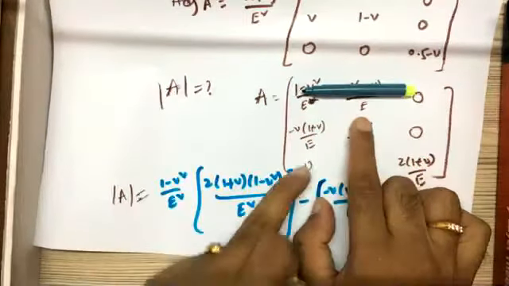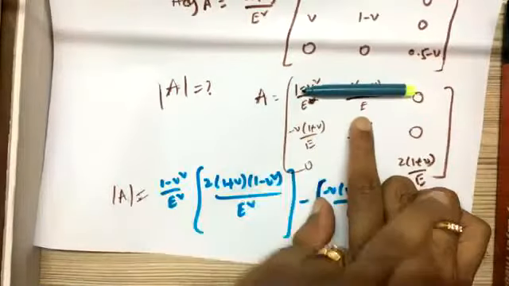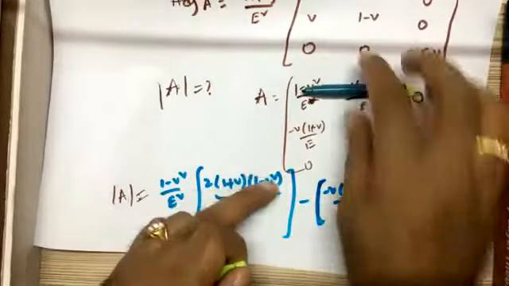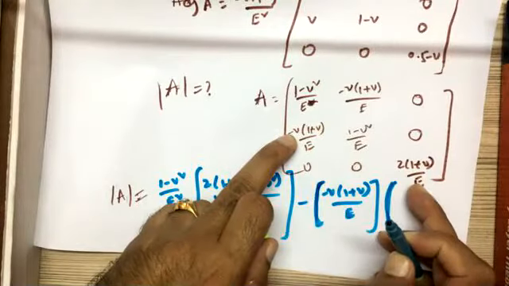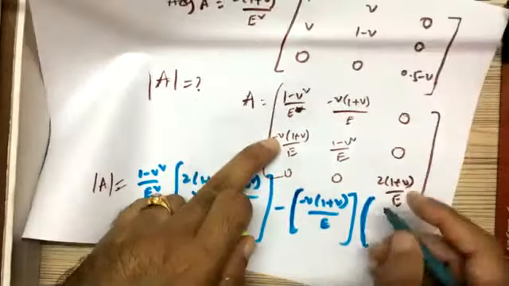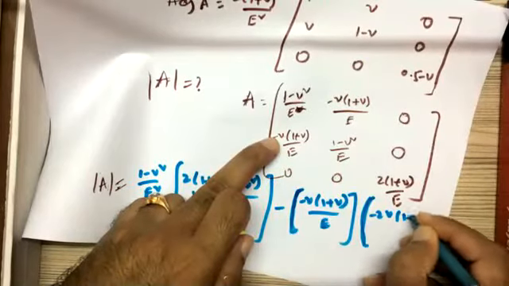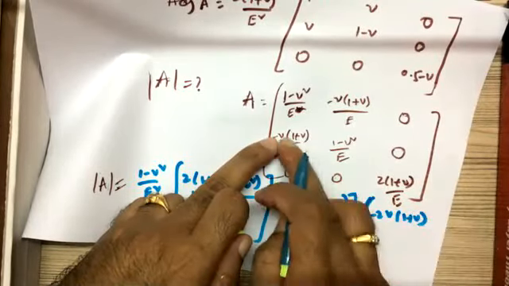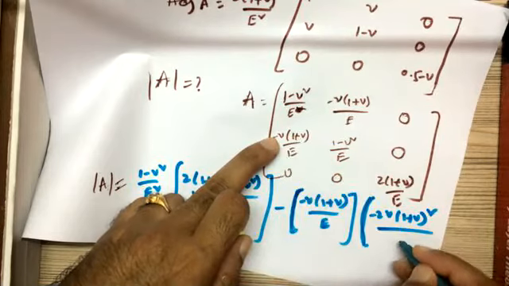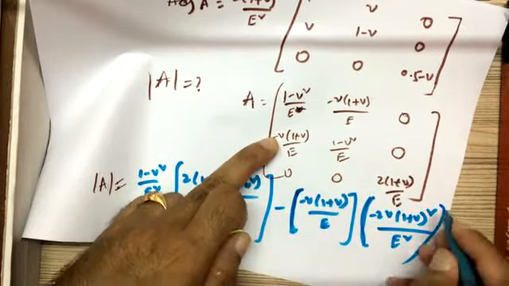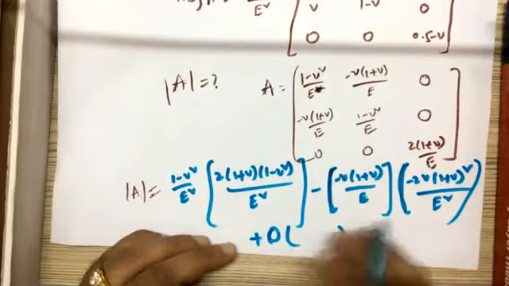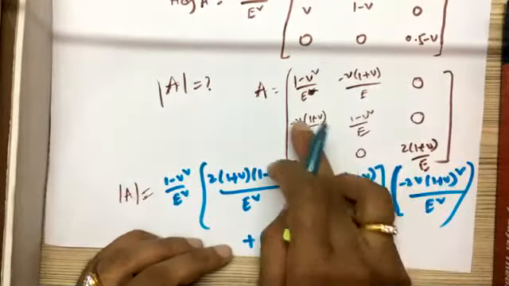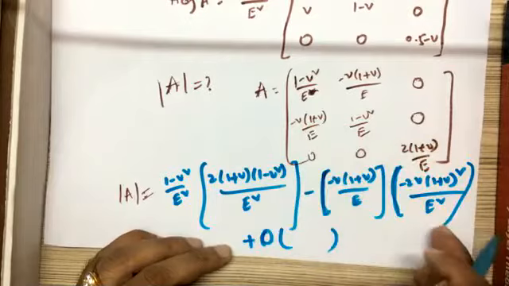BC is already 0, so these two terms are 0, and in the determinant you have only these two terms. So minus nu (1 plus nu)/E times 2 into (1 plus nu)/E gives minus 2 nu into (1 plus nu) whole square by E square, plus 0 into something is 0, right? So minus 2 nu into (1 plus nu) whole square by E square.